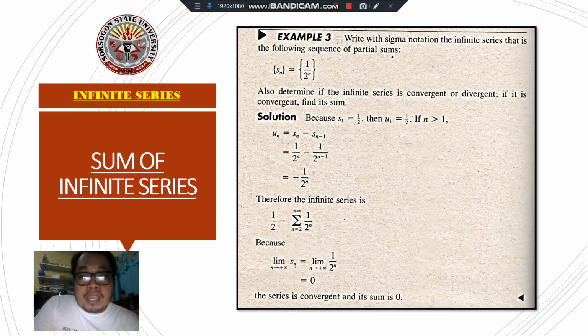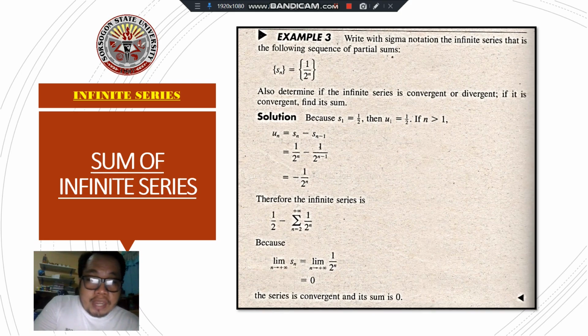Now replacing s sub n with 1 over 2 raised to n, as given in the problem, then minus 1 over 2 raised to n minus 1, so we just replace n with n minus 1, and that is the result. Then solving these two terms algebraically, that is equal to negative 1 over 2 raised to n.